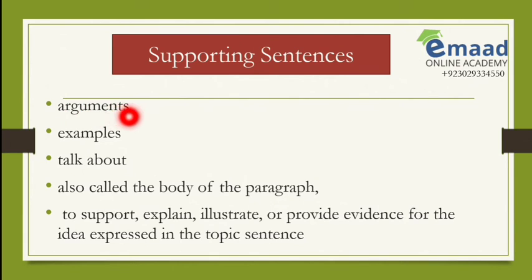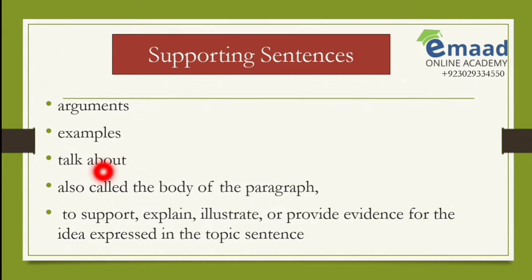After the topic sentence, you have supporting sentences in your paragraph. These supporting sentences may give you the arguments in favor of the topic sentence. There might be some examples in favor of the topic sentence, or you may talk about the topic statement which you have chosen as the beginning of your paragraph.